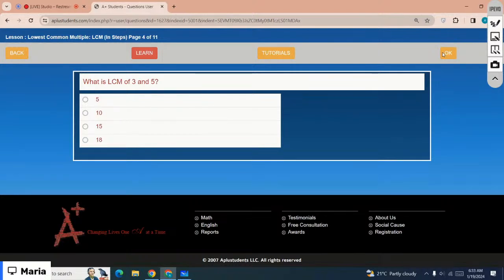Okay, the next one is the LCM of 3 and 5. Which is the correct option?